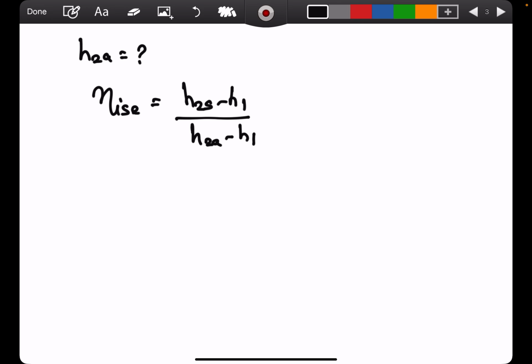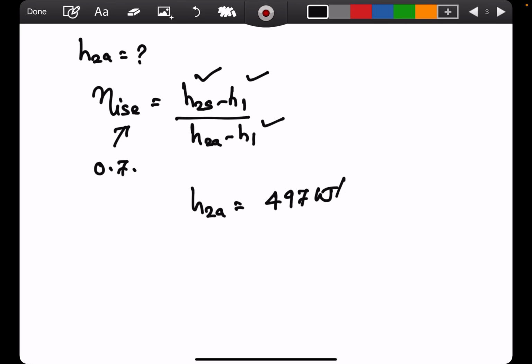Because a value of 0.7 is given here, this is known, this is known, this is known. So you can calculate this, and that comes to around 497 kilojoule per kg, or approximately 500 kilojoule per kg.